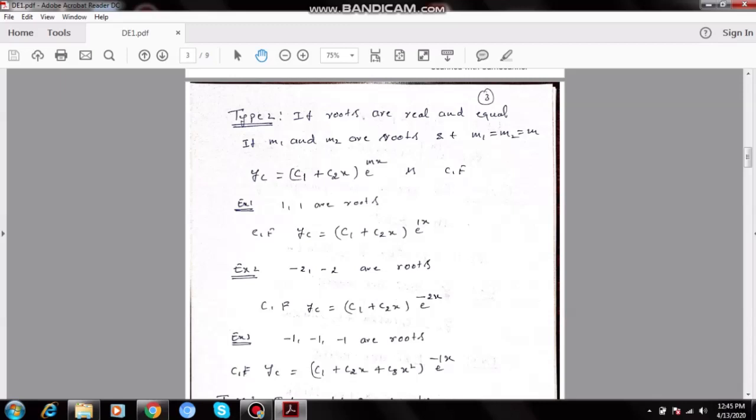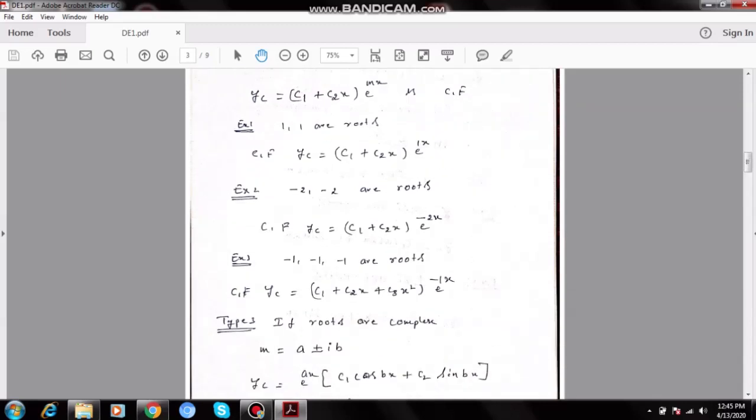For example, 1 comma 1 are the roots, then the complementary function will be (c1 plus c2x) into e power 1x. If minus 2 and minus 2 are roots, same root repeated twice, then the complementary function will be (c1 plus c2x) into e power minus 2x.